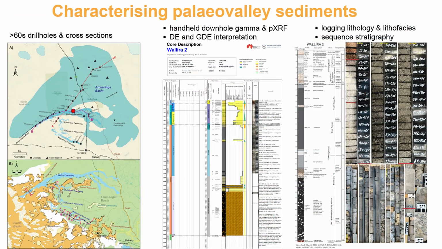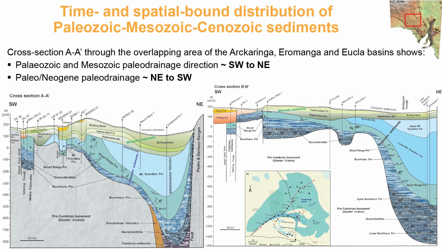The next step, after mapping, is that we chose several key drill holes and analyzed them. We spent a lot of time over the last few years working out the depositional environment and sedimentary evolution: how these paleovalleys evolved and what the relationship between them is. This is one example of a cross section showing the relationship between these paleovalleys.